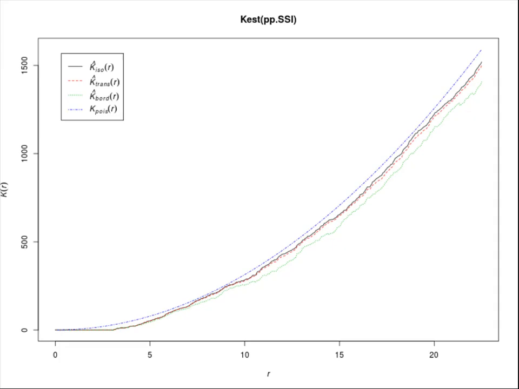So as we increase by distance, this is 5 units out, this is 10 units out, this is 15 units out. This is the number of points I can expect to be within that distance divided by the density. This is our K statistic here, or our theoretical.